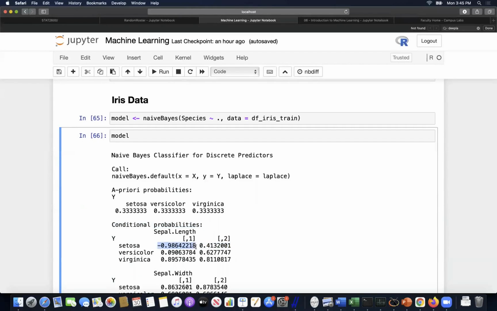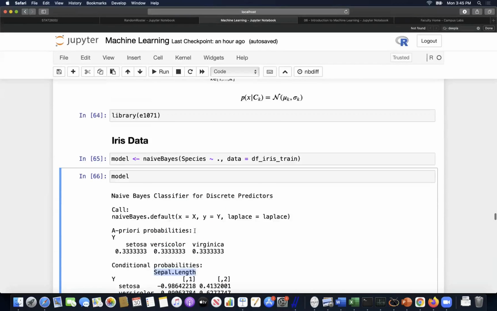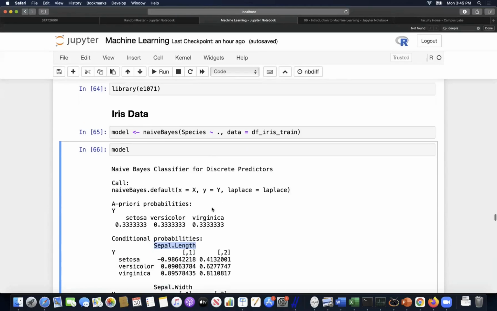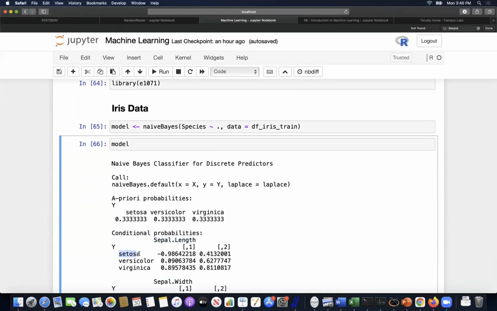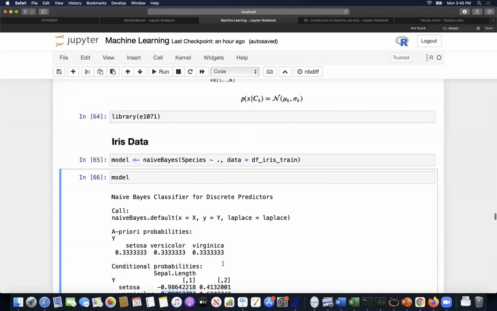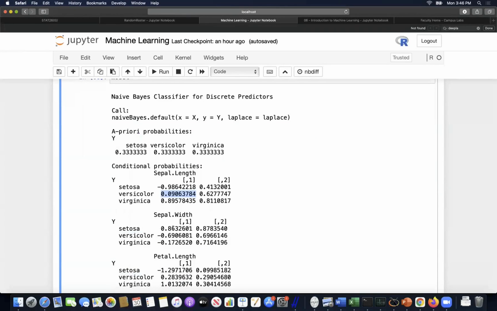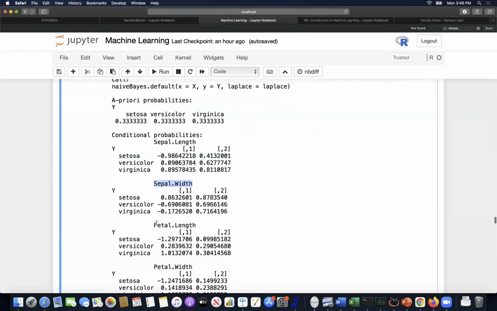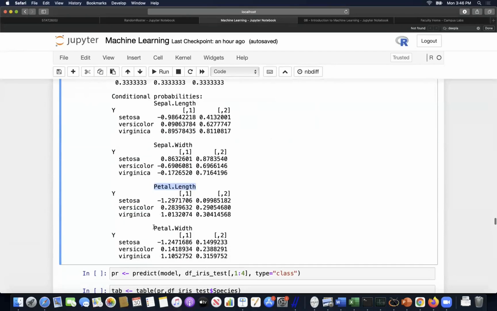So this number we know, that number we know, and this is just the probability of x4 given that we know it's a setosa, a versicolor, or a virginica. And each one has its own mean and variance. So these are your parameters. Similarly for the other variables: this is x3, this is x2, this is x1.